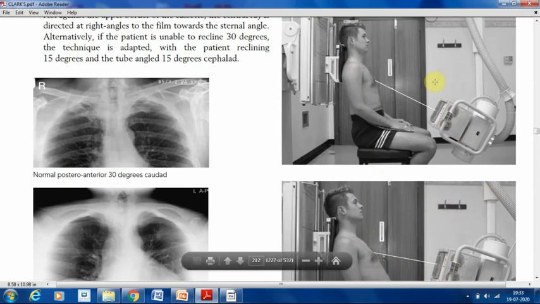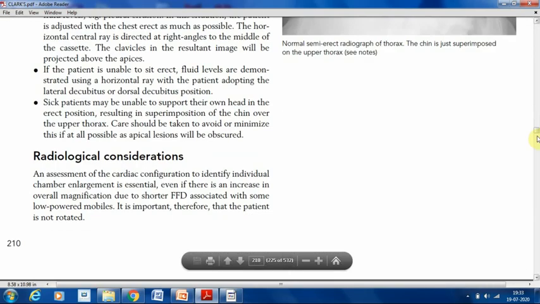For example, if we take a 30-degree angulation towards the apex, here it is 15 degrees by the patient and 15 degrees by the X-ray tube. That is the difference. That's all.